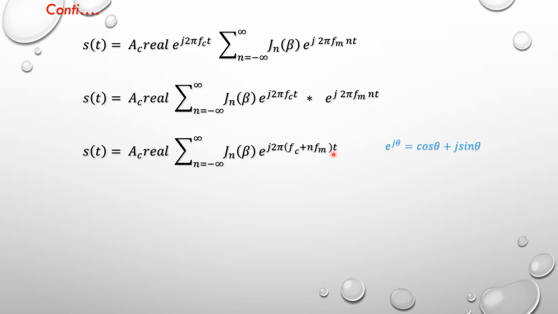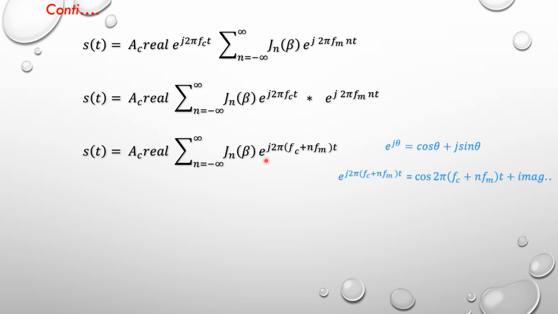We know that e to the power j theta is equal to cos theta plus j sin theta. So e to the power j 2 pi (fc plus n fm) t is equal to cos 2 pi (fc plus n fm) t plus the imaginary value.